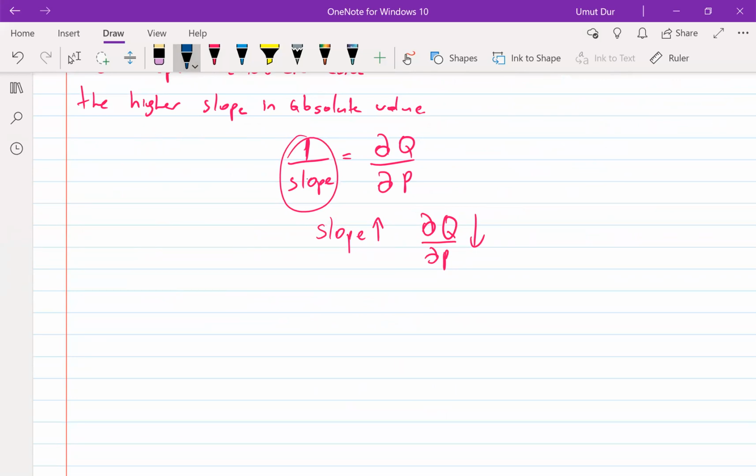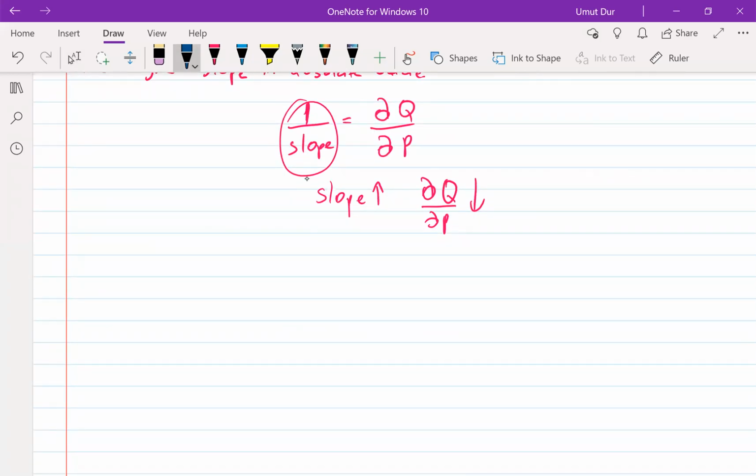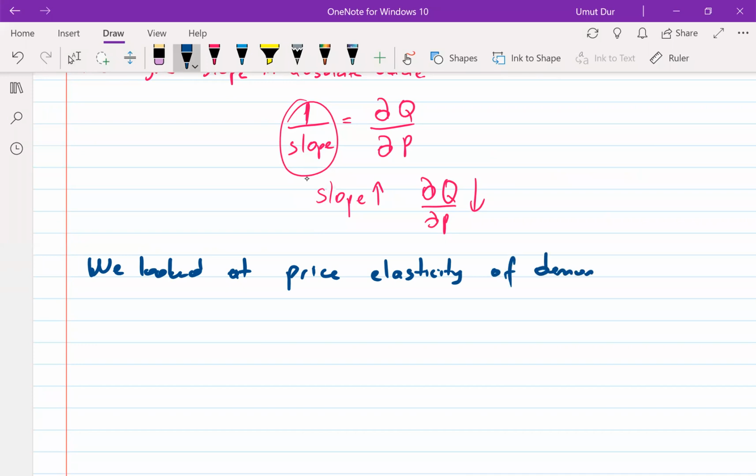What we have done so far is look at the price elasticity of demand. But if you remember, when we write the demand function, it is not just a function of its own price.